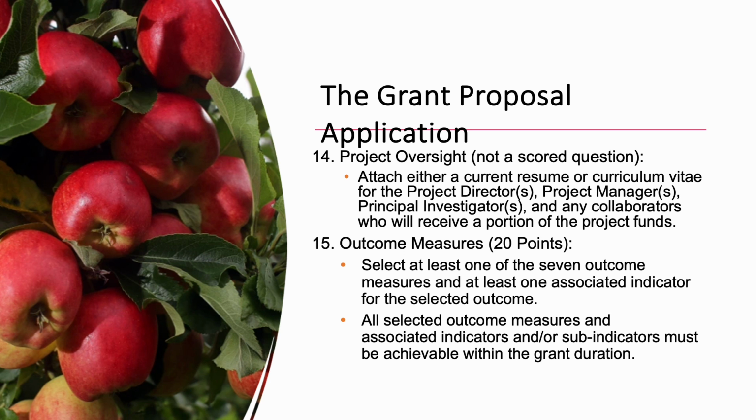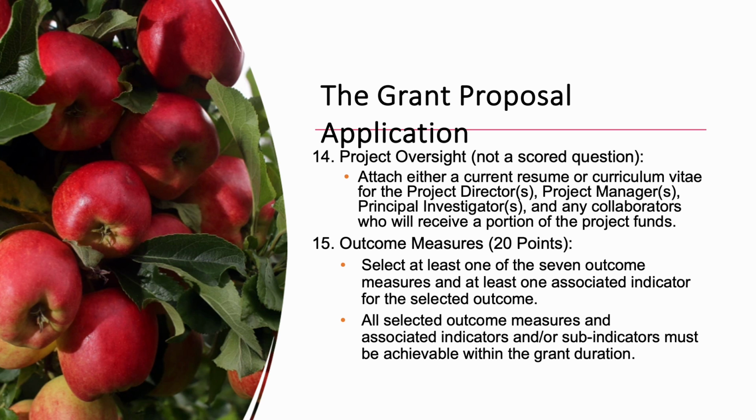The final question is the outcome measure section and is worth 20 points. The context provided should build upon the outcome measures responses provided with the concept proposal application and address any administrative or technical review feedback that was received.